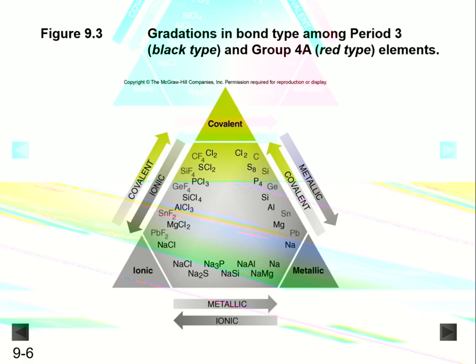Magnesium is a much harder metal and is used as a structural metal, whereas sodium, on top of its high reactivity, is a very soft metal. Next up is aluminum, and then silicon.